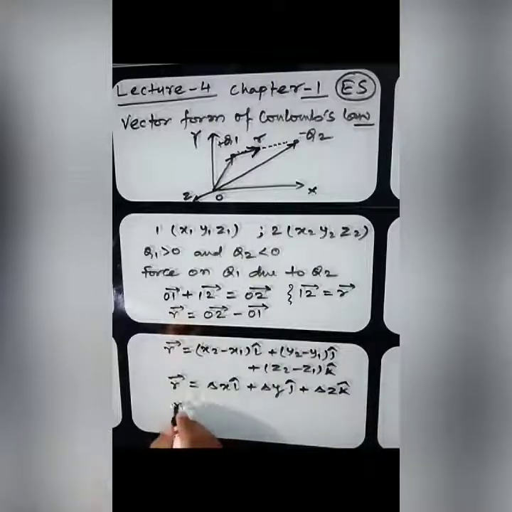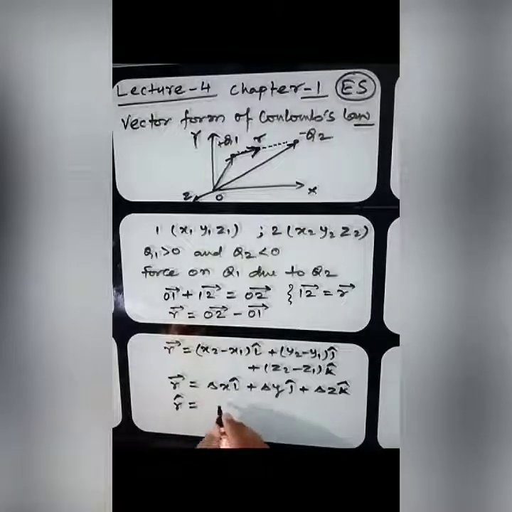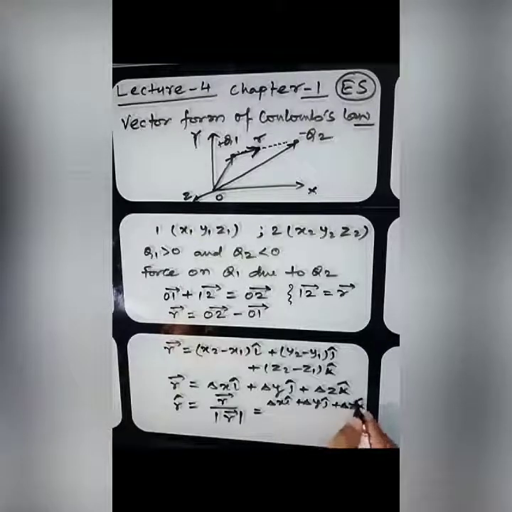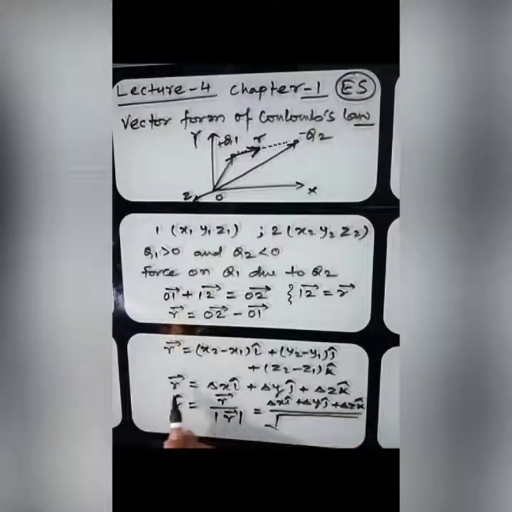This is the r. The unit vector of r can be written as vector r over mod of vector r. Here r is nothing but delta x i plus delta y j plus delta z k over mod of r, that is the magnitude of this vector, root of delta x square plus delta y square plus delta z square.